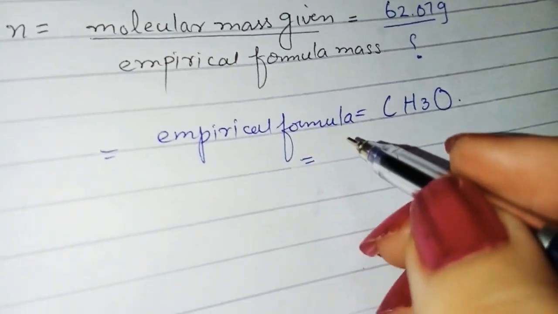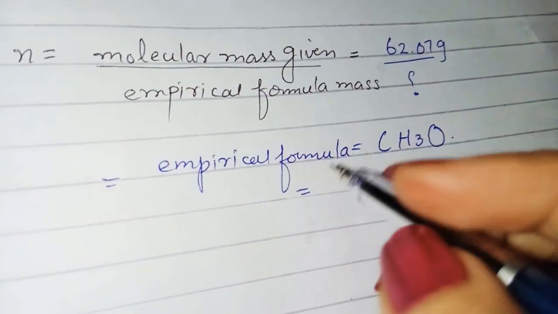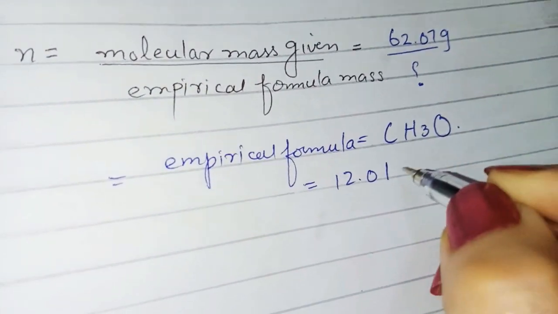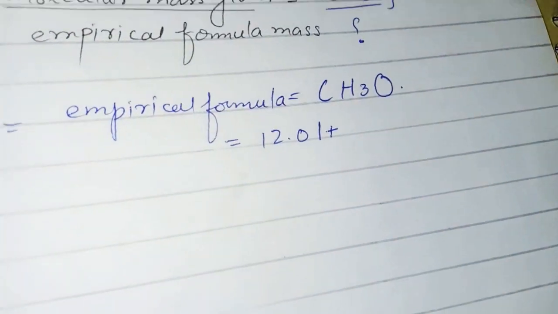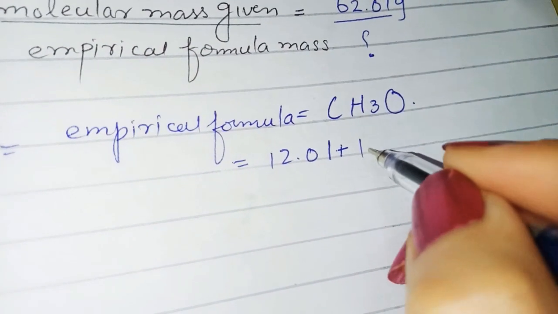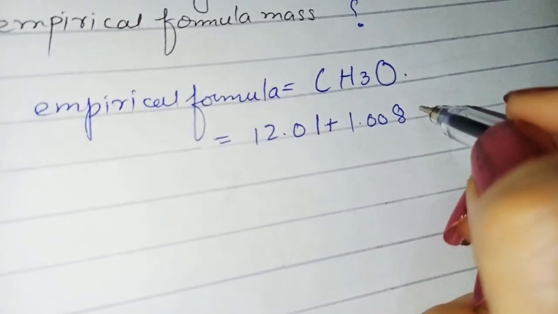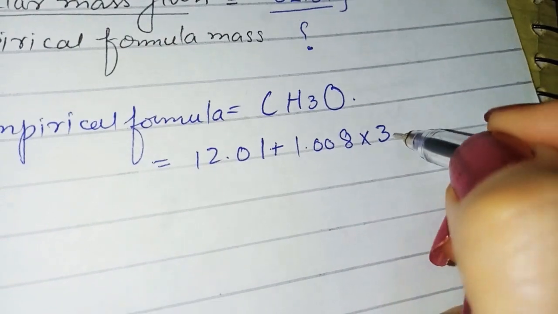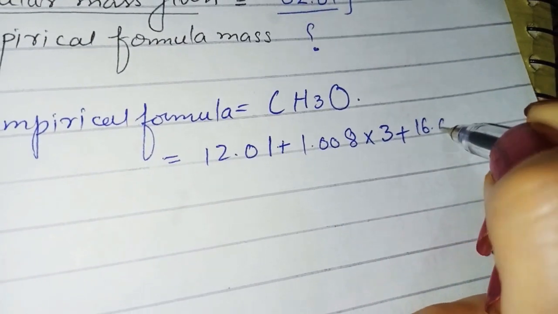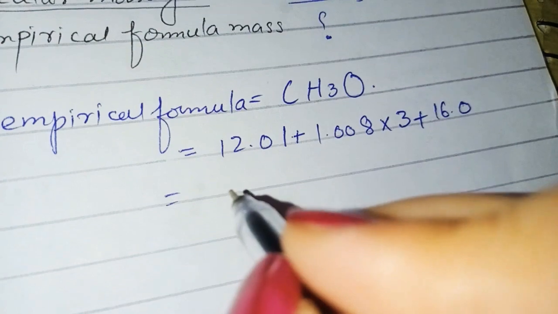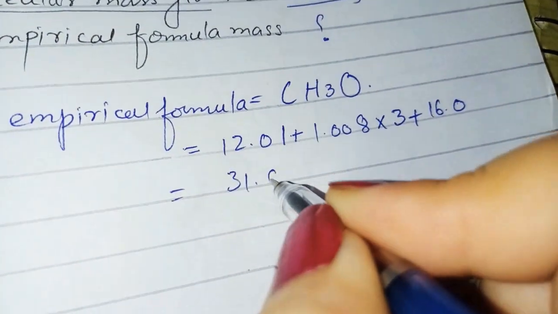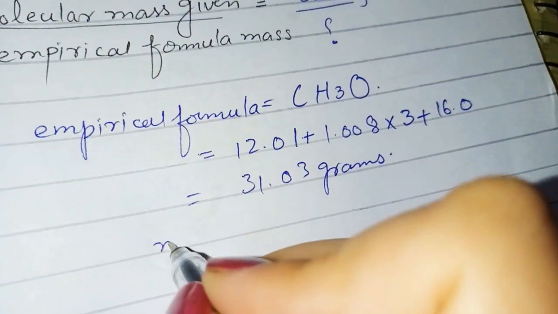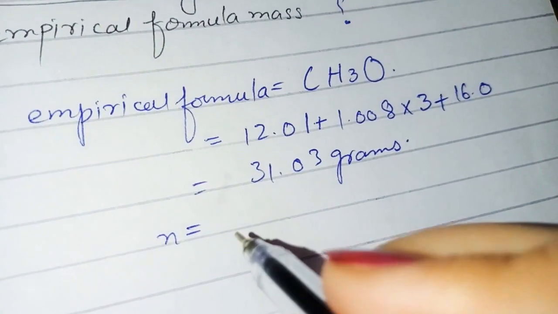And in order to find the empirical formula mass, we have to add up all the atomic masses like that: 12.0 for one carbon, because we have only one carbon, and for H3 we have 1.008 into 3, because we have 3 hydrogens, plus 16.0, because we have only one oxygen. It will give you 31.03 grams.